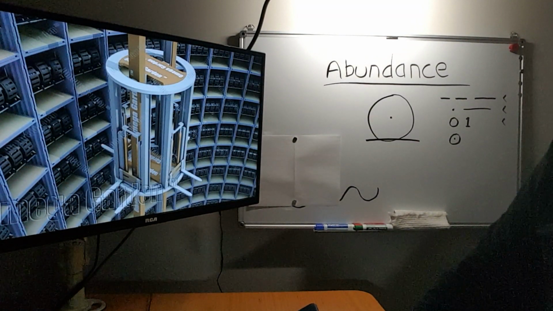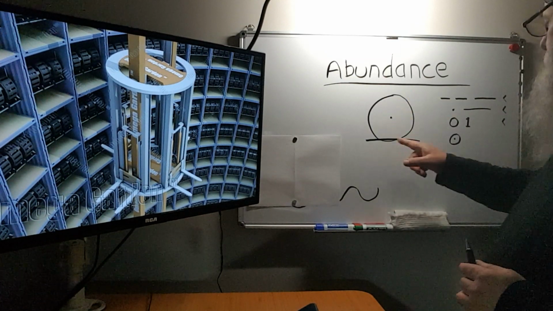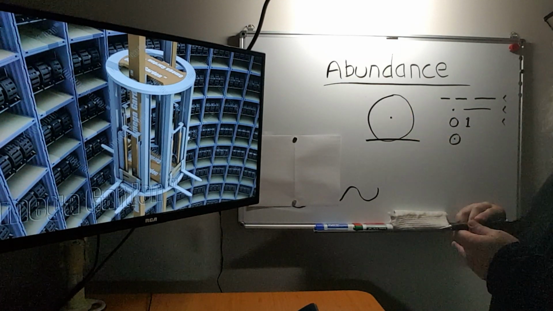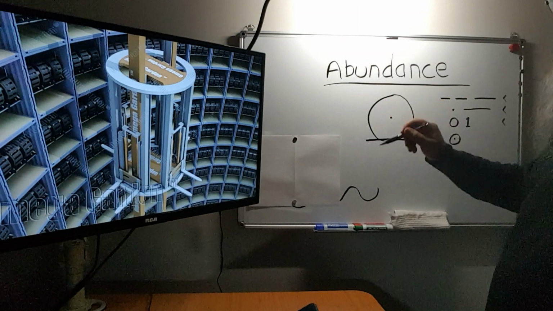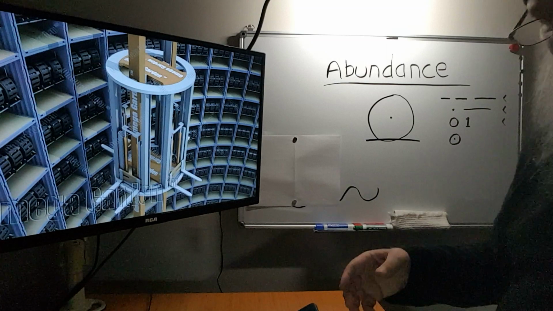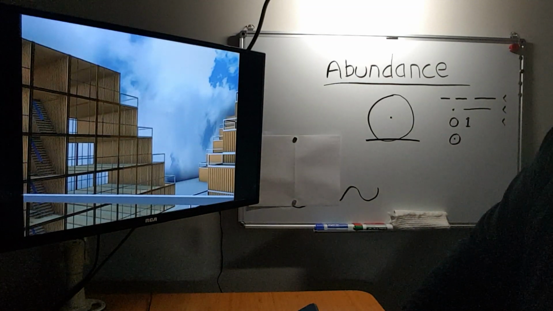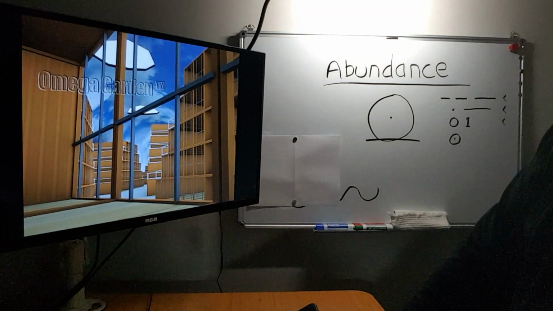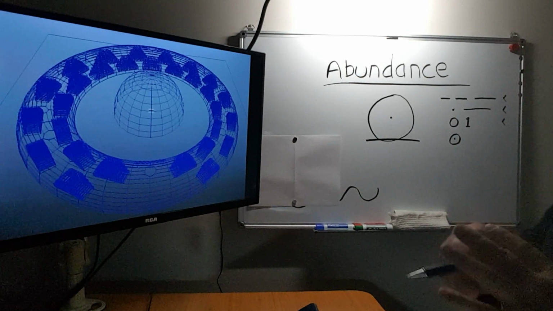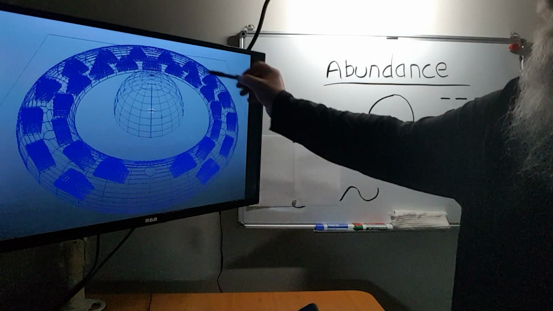Okay, so this is getting into some large commercial activity. So this is an important concept, the circle with the dot in the middle of it, and we'll be looking at it quite a bit more. This is inside what I call the habitat ring. So again, one of these shapes, the dot and the line.